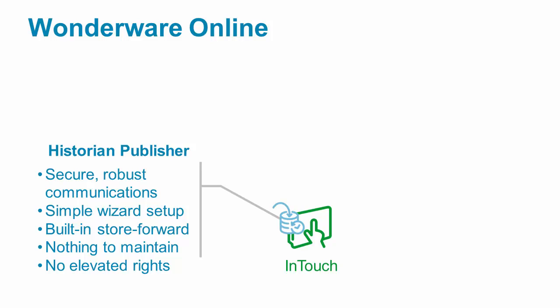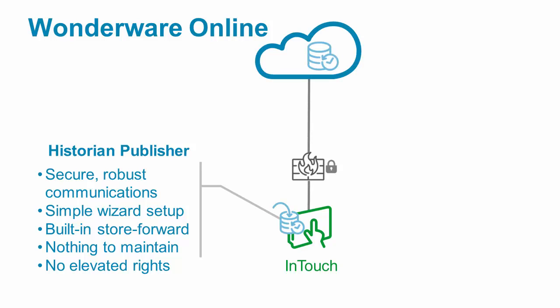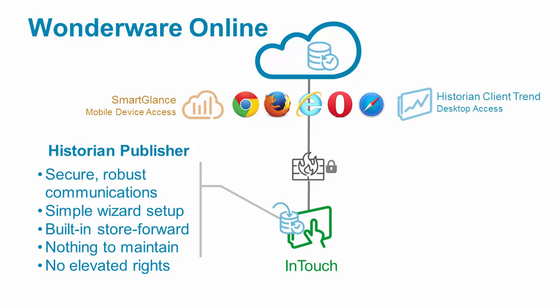Very simple and secure. We have an outbound connection only, which can work across the firewall. It's an encrypted channel to Wonderware Online. We can access this data in all the modern browsers. And we also have support for it from Historian Client Trend for a thick client interface and for smart clients for mobile device access.